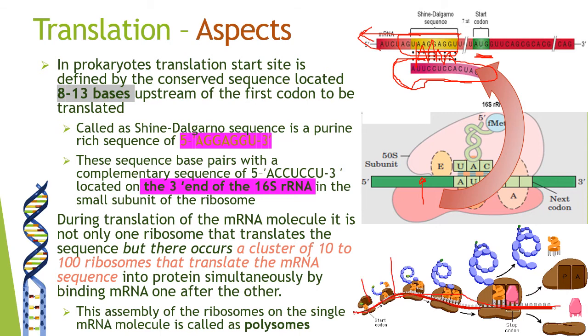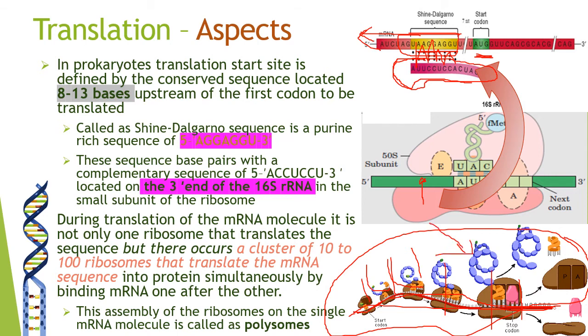You will see a number of ribosomes bound to this single mRNA, making up polysomes, and each of the ribosomes is synthesizing a polypeptide. So a single mRNA is decoded into numerous polypeptides of a single protein simultaneously.